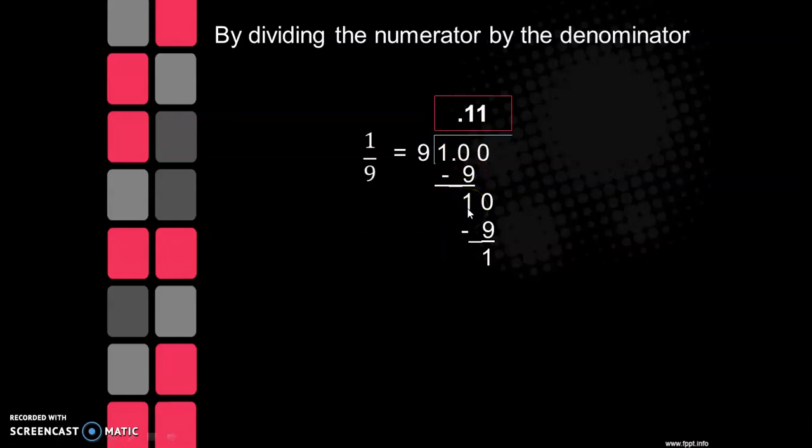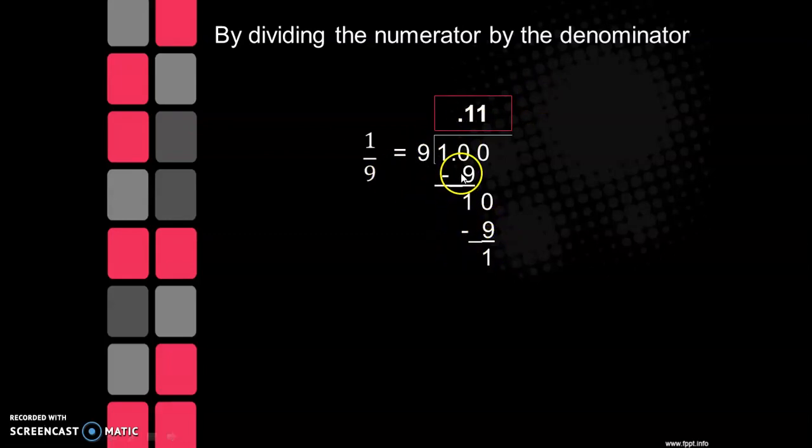Okay, so again, for the second quotient, we have to divide 1 by 9, but it can't be divided. So what we are going to do is again add 0 so that we can bring it down to make it 10. Okay, so 10 divided by 9 is 1. Then we multiply it by 9. So 1 times 9, we have 9.